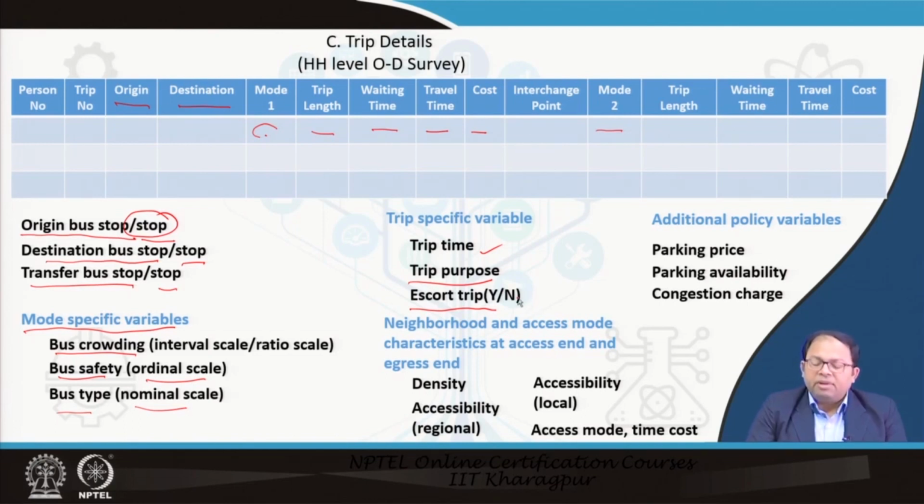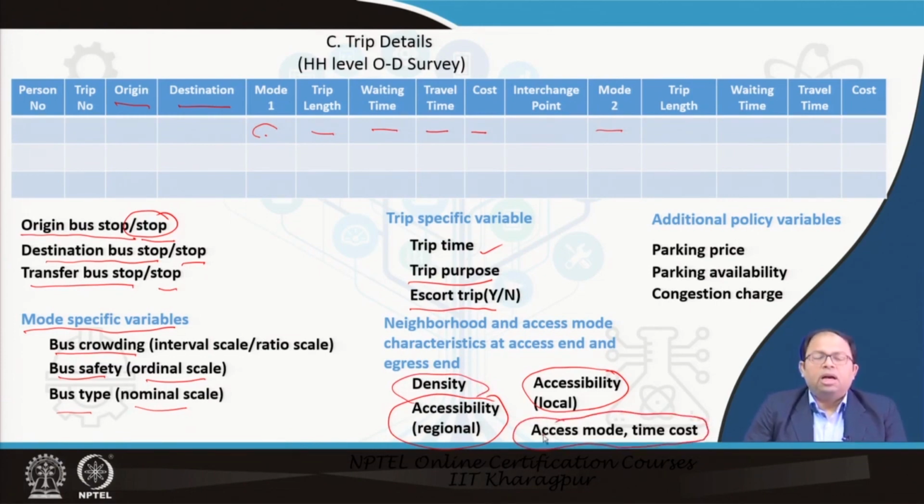Then we can have additional variables like neighborhood and access mode characteristics at the access end and also at the egress end. That means wherever he is getting down, what kind of local accessibility is there, meaning walkability and all these features. Then regional accessibility, how accessible is that particular zone. Then density, this all determines what sort of mode choices he will make. And then he can also have records about the access mode.